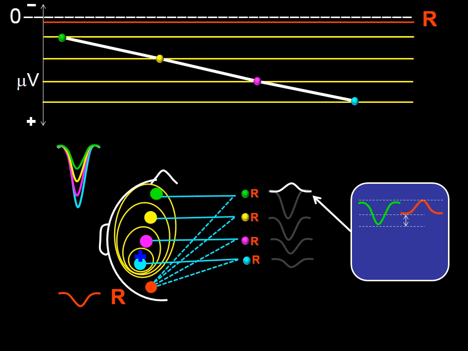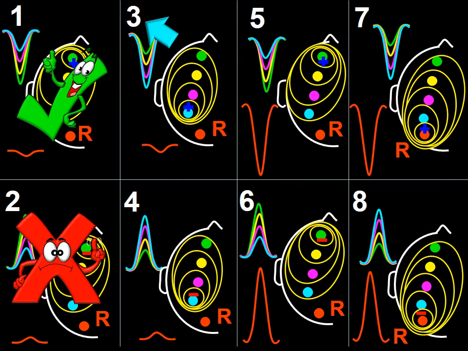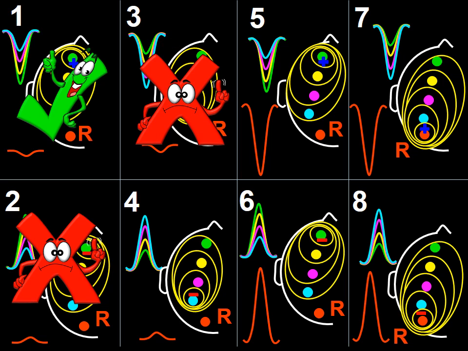And in this frame, I have introduced the blue square and the waves that will result from the function of the differential amplifier. So option 3 is not a sound option.